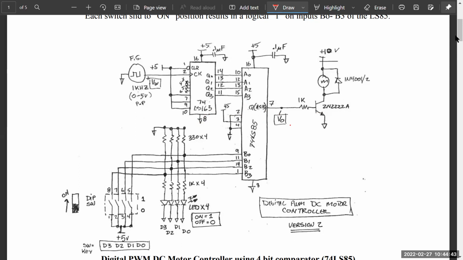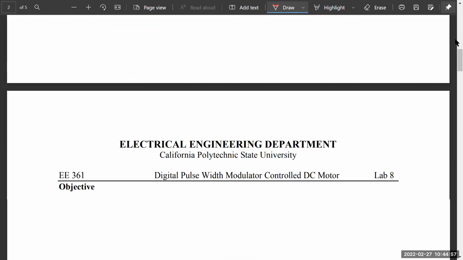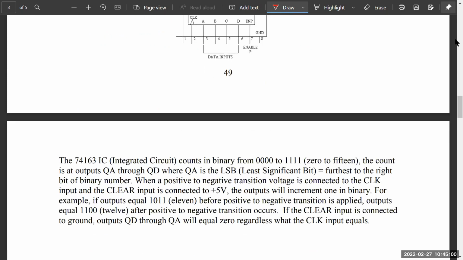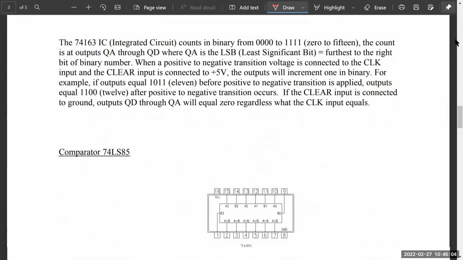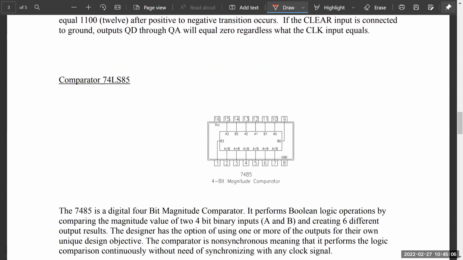Let's look at what this chip does. This chip is 74LS85. It is a 4-bit magnitude comparator, and as the name suggests, it compares two digital quantities together.